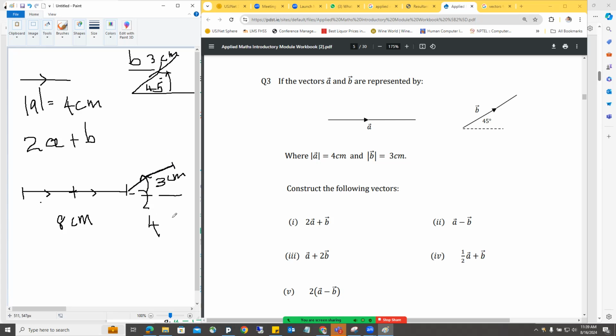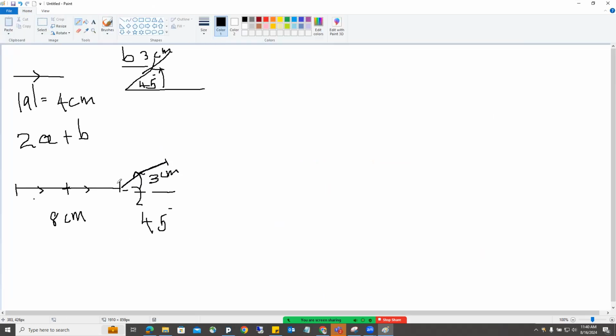The angle is 45 degrees. So from here to here we have 8 centimeters, and from here to here we have 2p, so here we have q. They actually ask us to construct and add these two, which means we started from here and ended up here.